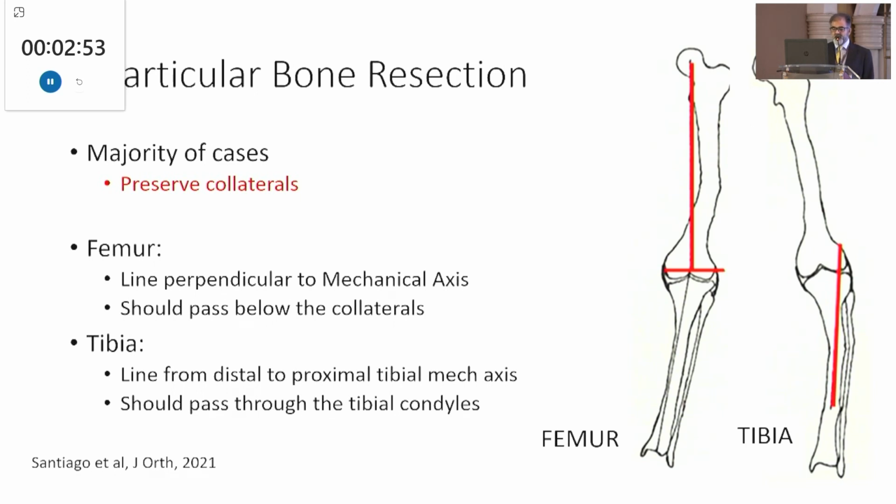On the tibia side, if you draw a line from distal to proximal along the mechanical axis of the tibia, and it passes through the tibial articular surface, the deformity is mild enough to go for an intra-articular bone resection.